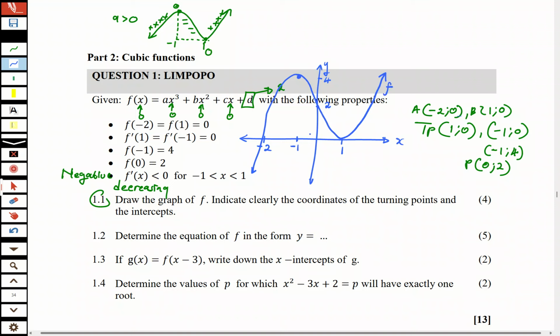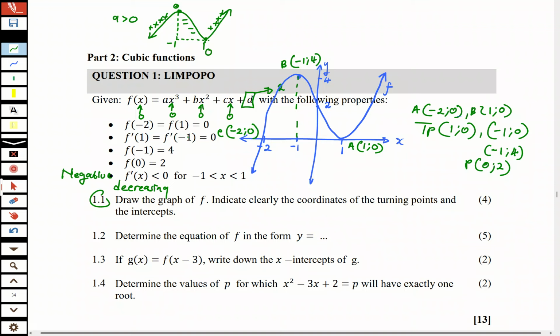So this is f, and you can name this point a, say this is 1 and 0, and you can call this your b if you like. So this is -1 and 4, and you can say this is your c, and this is -2 and 0.